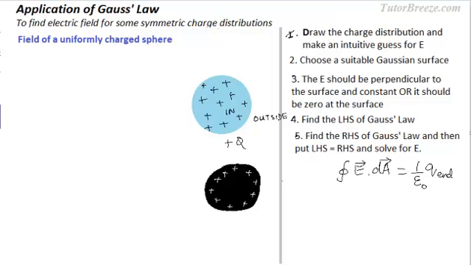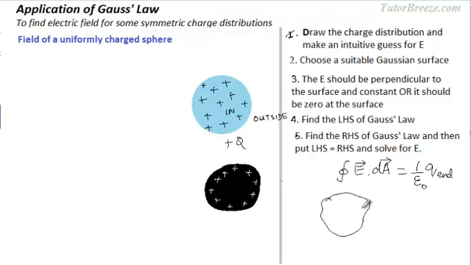Now, step 2 is to choose a Gaussian surface, and choosing a Gaussian surface means we need to find a surface on which we are going to use Gauss's law. See, there's no limitation or specification for the closed surface. Absolutely any surface can be chosen as a Gaussian surface. You can have a completely arbitrary surface.